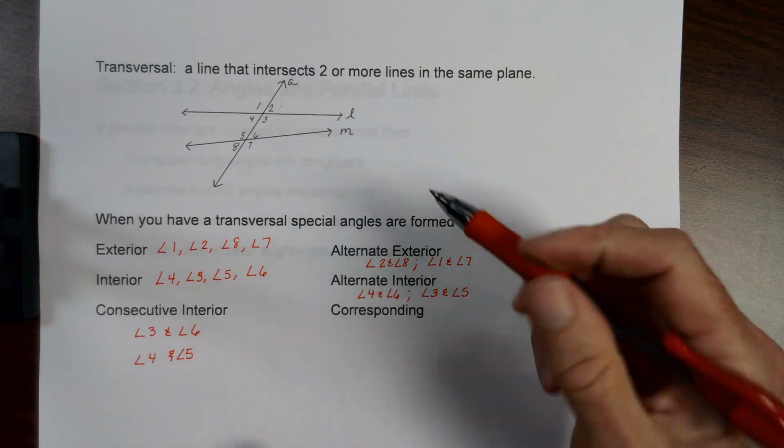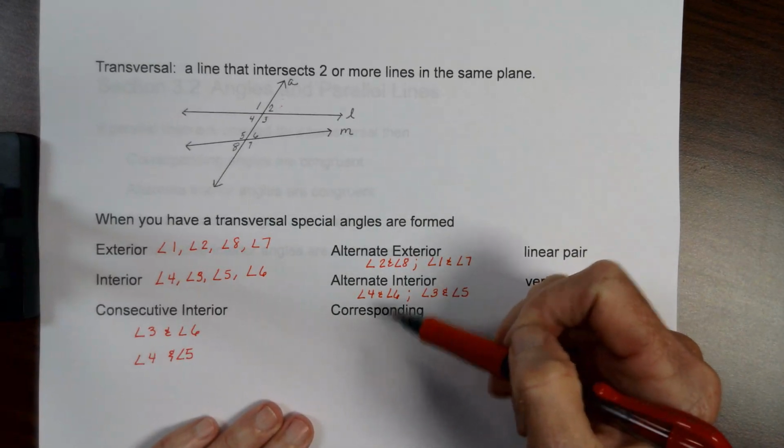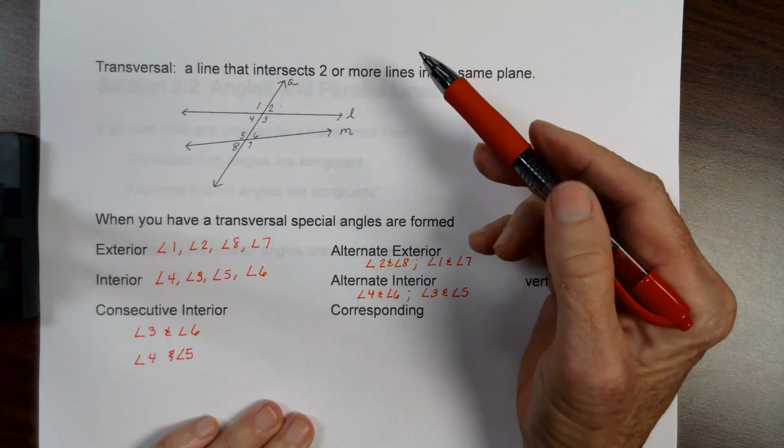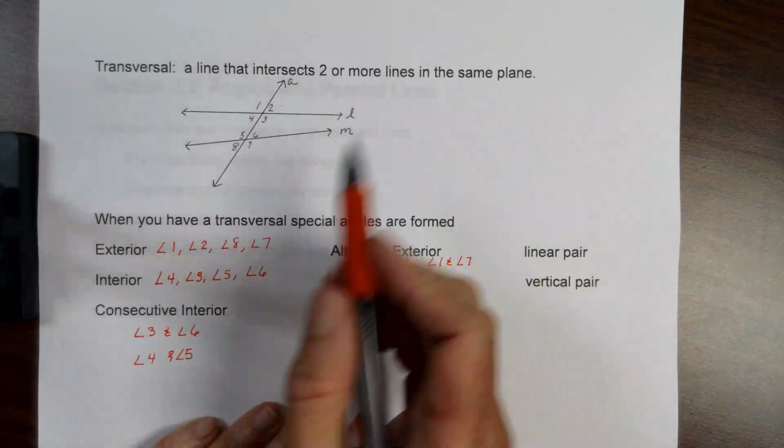Corresponding angles are angles that are on the same side of the line, so they would both be above the line, and they're also on the same side of the transversal.